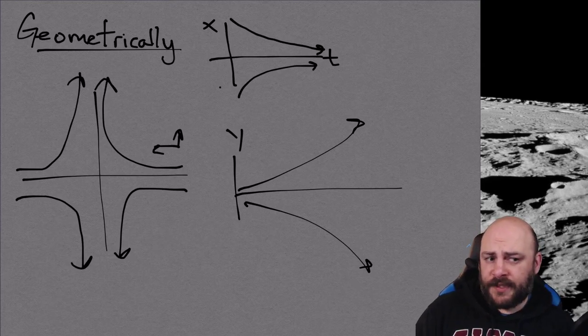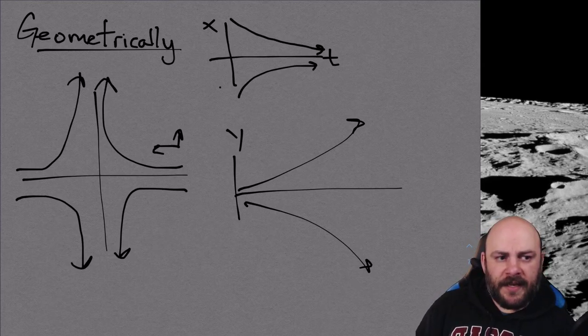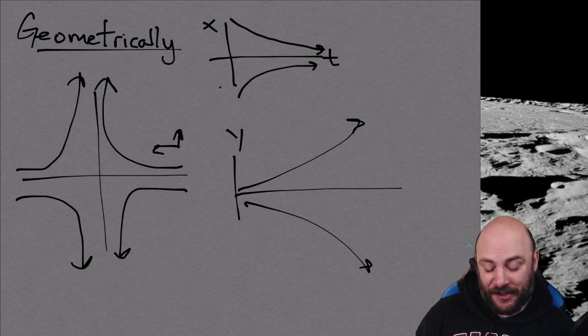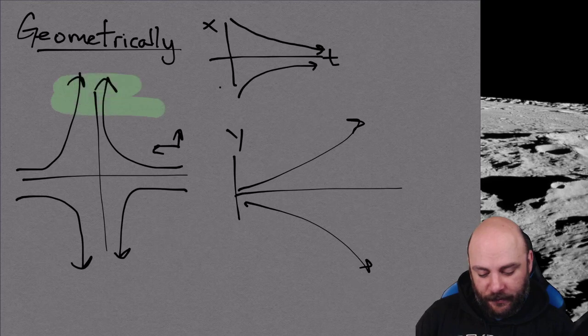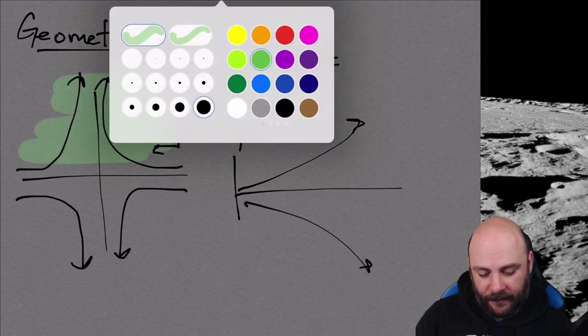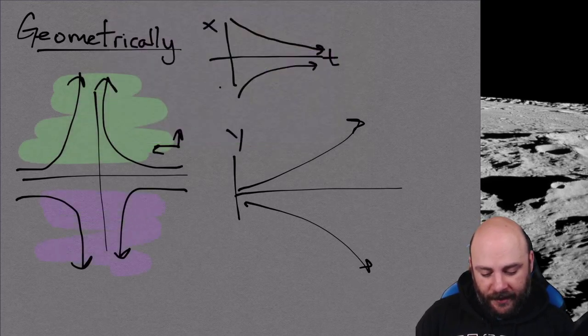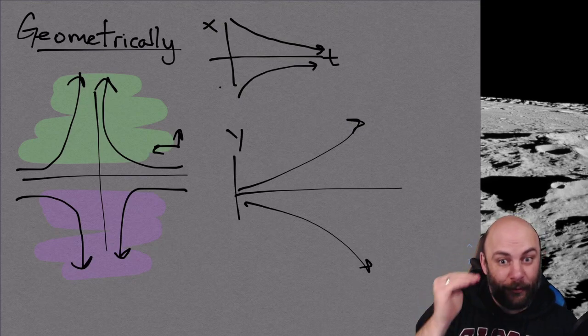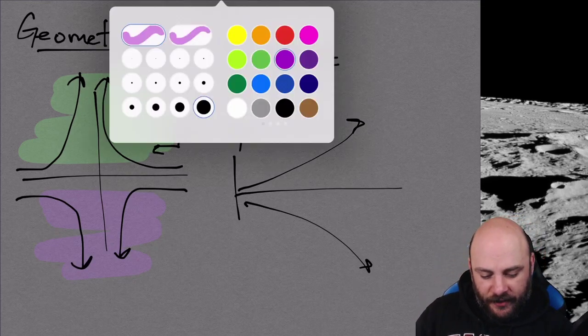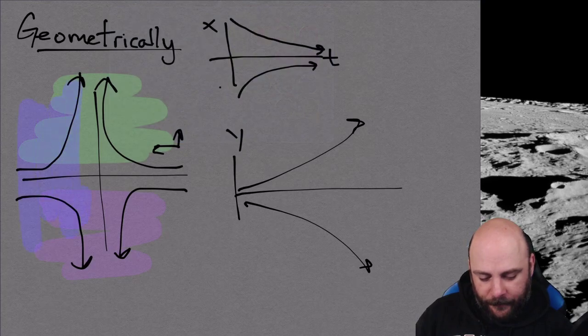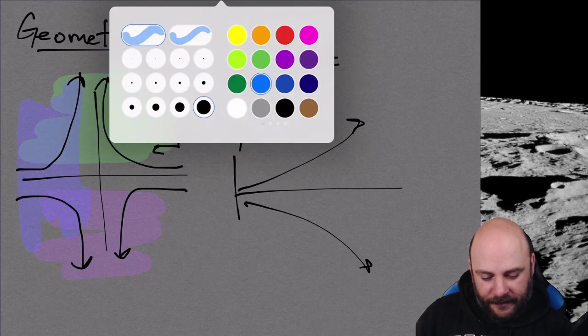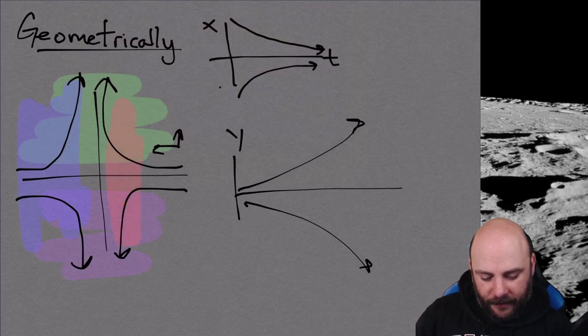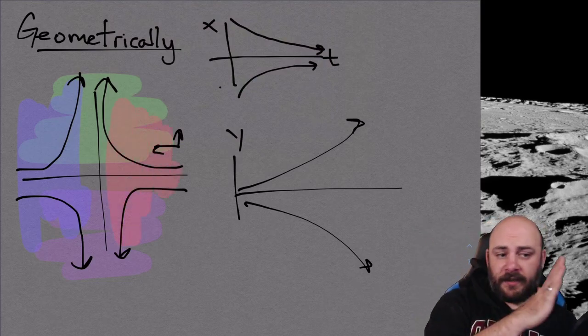Now, what's important here is that in between these curves, one of my variables always changes direction. Between this top half and the bottom half, I change from going up to going down. So there has to be a solution in there somewhere that goes neither up nor down. When I change from the left-hand side to the right-hand side, I change from going to the right to going to the left.